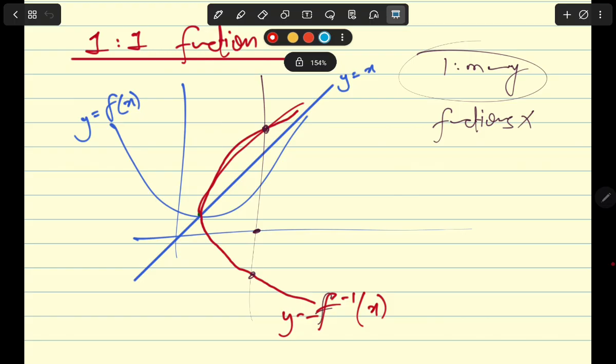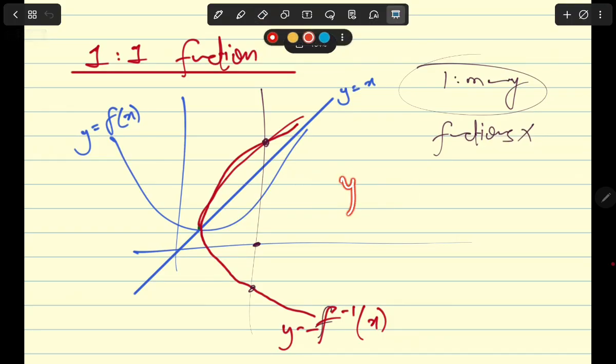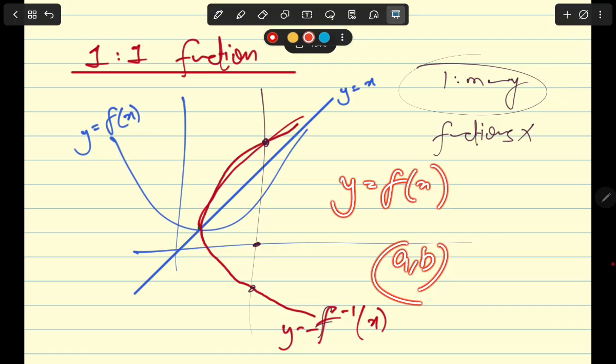So the examiner in the P1 paper usually asks that if inverse is possible for a function y equals to f(x), and the turning point is at (a, b), and the domain is x is greater than, let's say, k, then what is the minimum value of k?